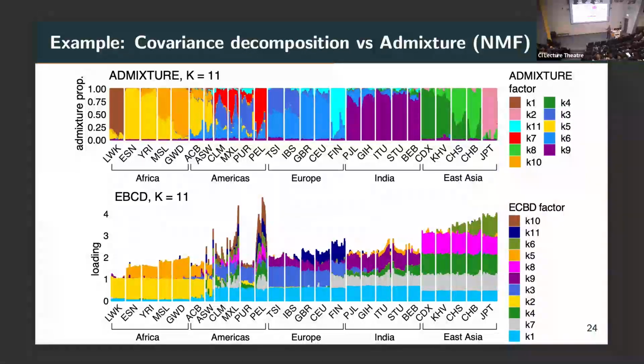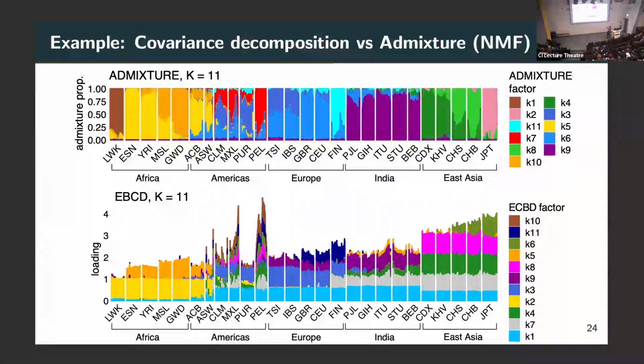Right? So in this representation, we can see that the Finns share a lot in common with, say, the Central Europeans here, but they also share something in common with the Indian and East Asian samples with this gray bar, which is completely invisible in this representation because it was put into the other matrix that we weren't looking at.